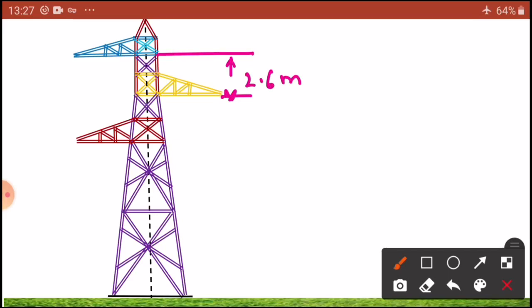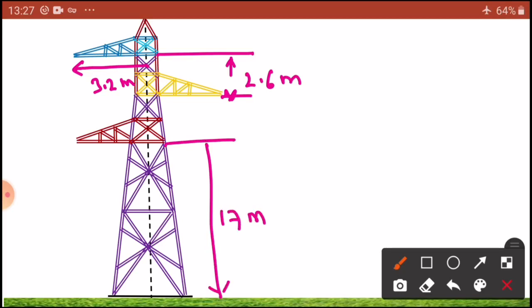Now what is the distance here? The distance is equal to 3.2 meters. Enough. So up to this is 17 meters, and from this is equal to 3.1 meters, and here 2.6 meters, and this is equal to 2.6 meters.